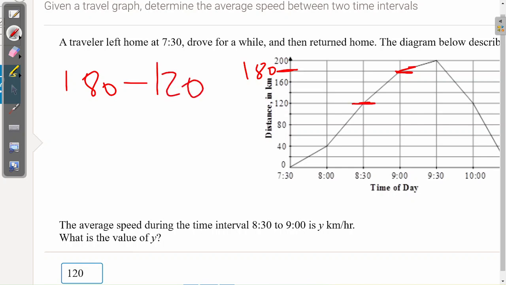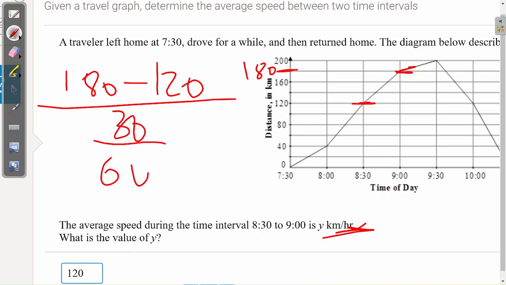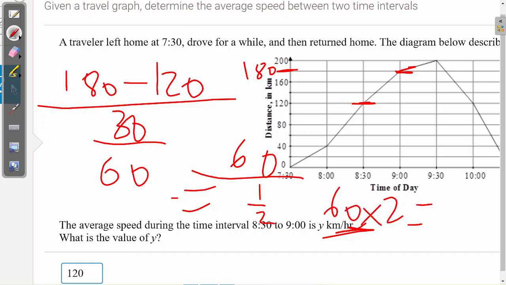So minus 120 over the time, which is 30 minutes. And since they want it in kilometers per hour, make it in hours. So 30 over 60. It will be equal to 60 over 1 over 2. So 60 times 2 equals 120. Or you can just plug it in the calculator. You'll get 120.